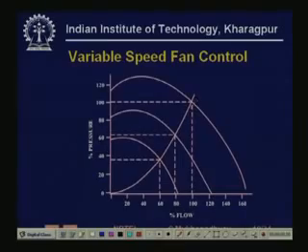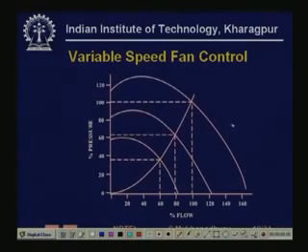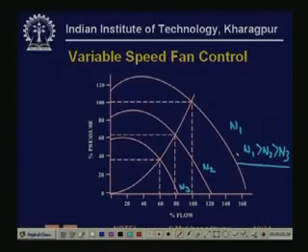In other words, the characteristic of the system remains unchanged. Now we are changing the speed of the fan, so the fan characteristic shifts. Let us say this is N1, this is N2 and this is N3, where N1 is greater than N2, which is greater than N3. Now the operating point will change along this: this is the first one, then the second, and the third.